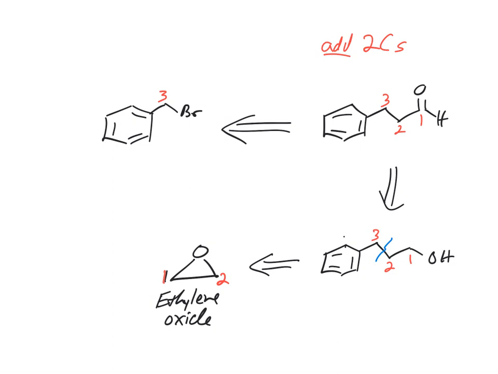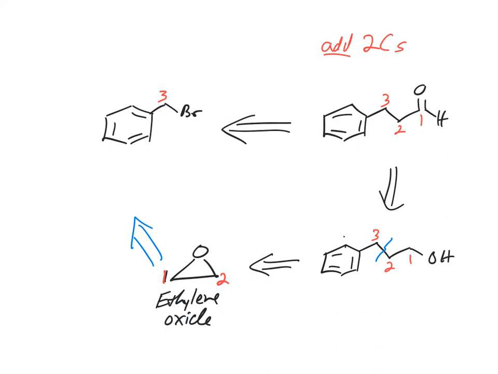But one more step back, how can I turn carbon 3 into a good nucleophile? Right now, carbon 1 and carbon 2 are good electrophiles. They're electron deficient, reactive bonds, with a lot of angle ring strain there. If these are electrophiles, this needs to be a nucleophile.